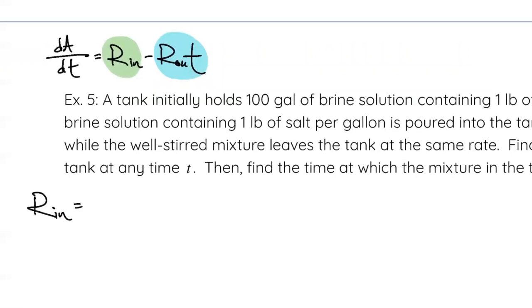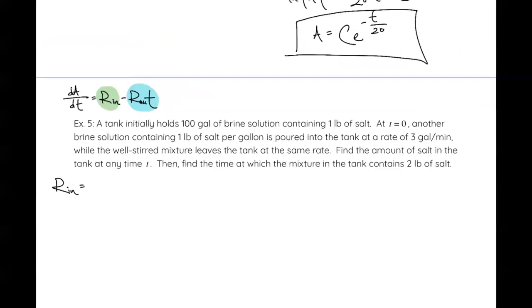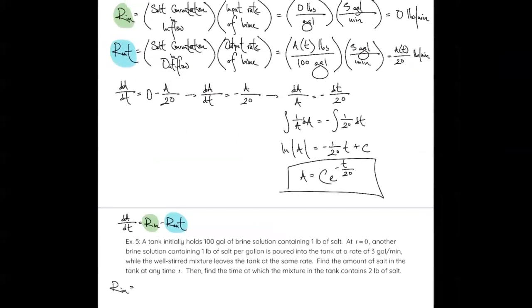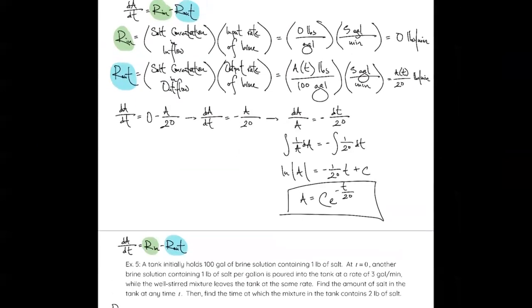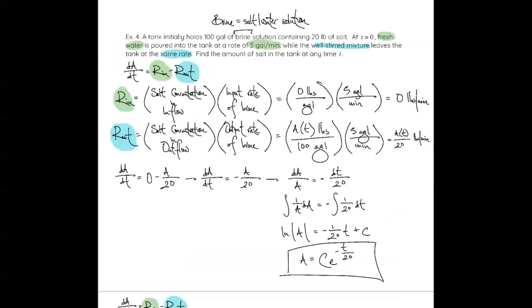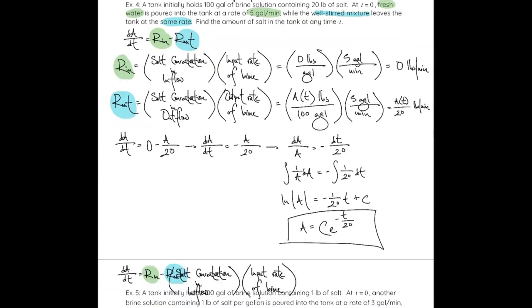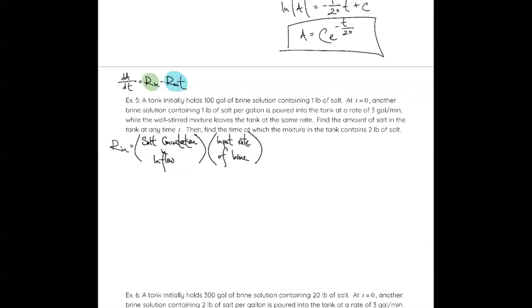Okay, so let's go back up a little bit here. We said that rate in was going to be the salt concentration in the inflow times the input rate of the brine. And so I'm going to go ahead and grab this so that we can have that down here.